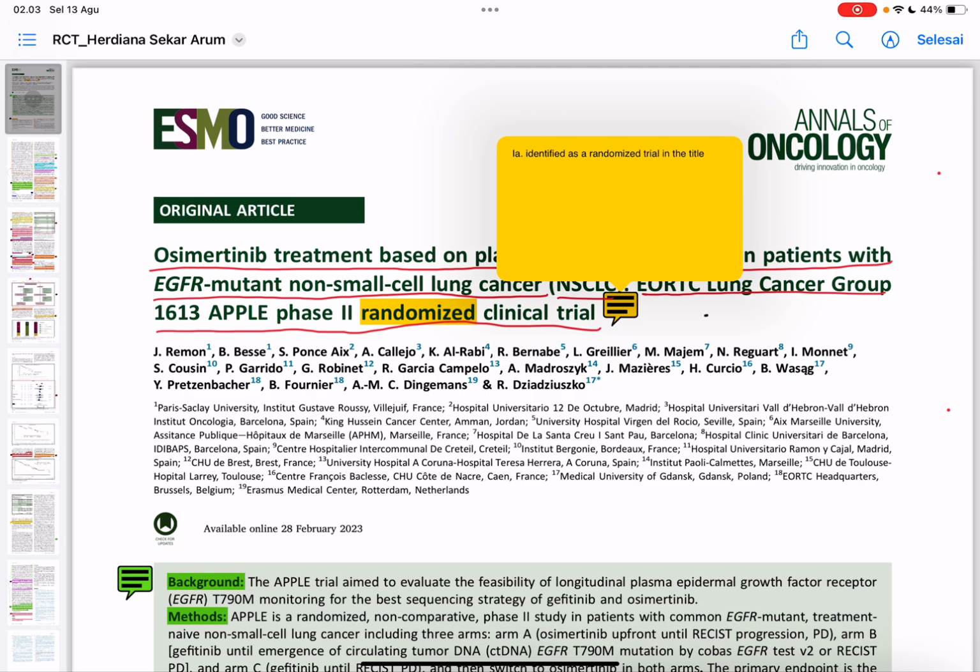The term CONSORT stands for Consolidated Standards of Reporting Trials. It provides guidance or recommendations for reporting a randomized controlled trial. I have divided my presentation into four parts.